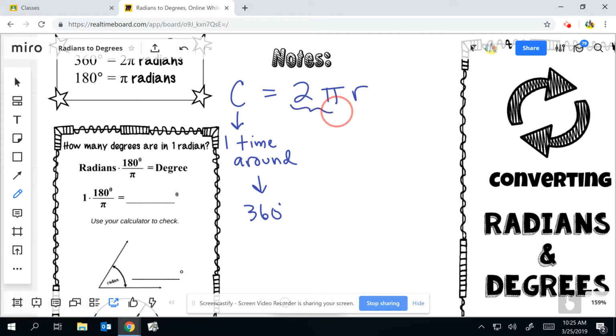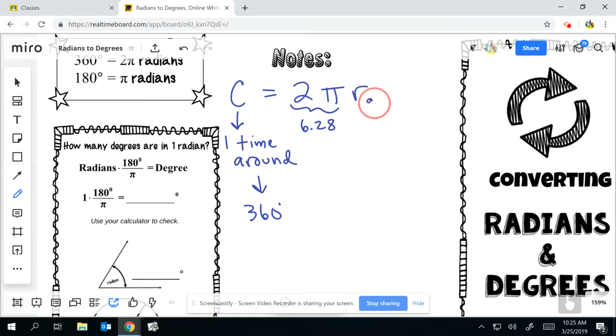2 pi I could also put as 6.28. How did I get that? What's 2 times 3.14? 6.28, right? You just take your 3.14, which is pi, multiply it by 2, and you get 6.28.